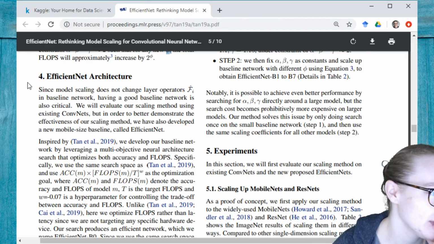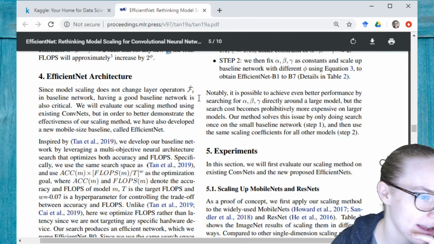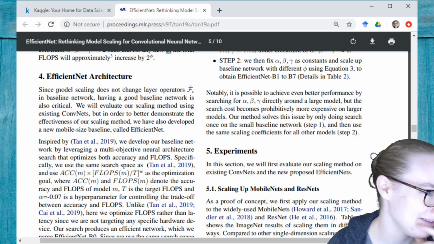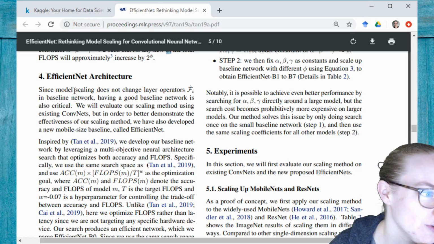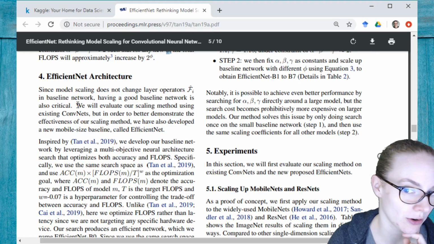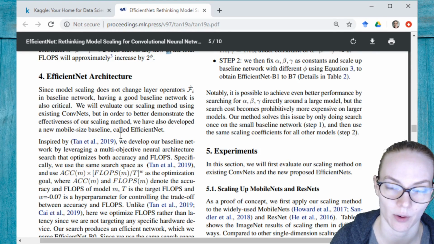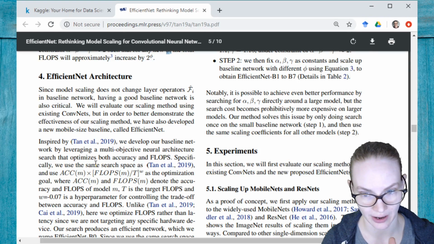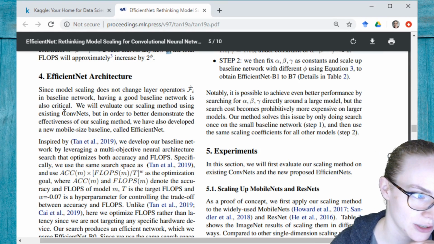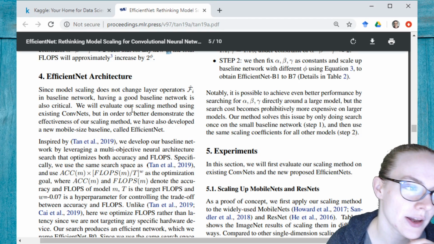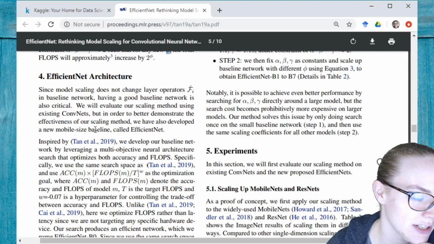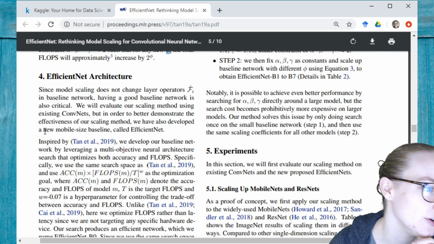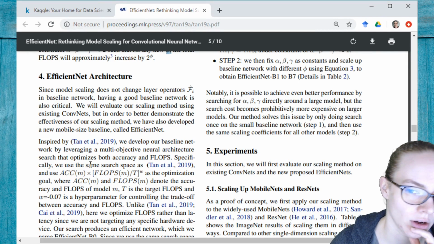EfficientNet architecture. Since model scaling does not change layer operations in the baseline network, having a good baseline network is also critical. So you're making an existing network bigger, you are not designing a network from scratch. That's where the EfficientNet comes in. It will help you design a network from scratch. We will evaluate our scaling method using existing convnets, but in order to better demonstrate the effectiveness of our scaling method, we have also developed a new mobile size baseline called EfficientNet.